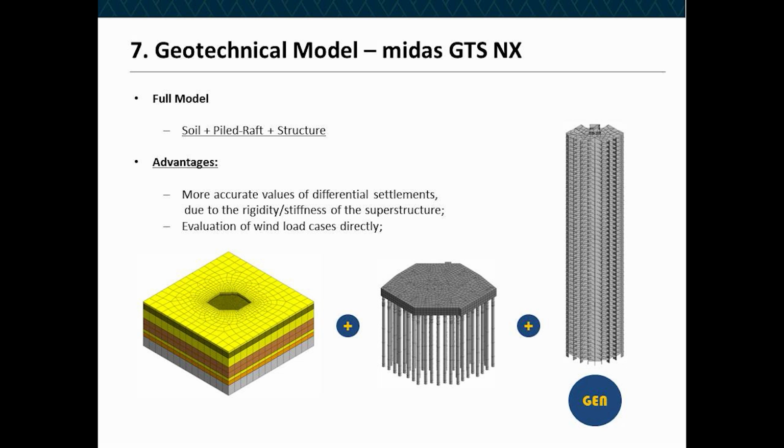So in our model, we've tried to create a full model, which is the soil plus the pile raft plus the structure. And as was said, it is understood that the differential settlement behavior seems to be closer than when using other kinds of models. Another advantage is being able to evaluate different load cases directly, and also wind loads and other types of loads.